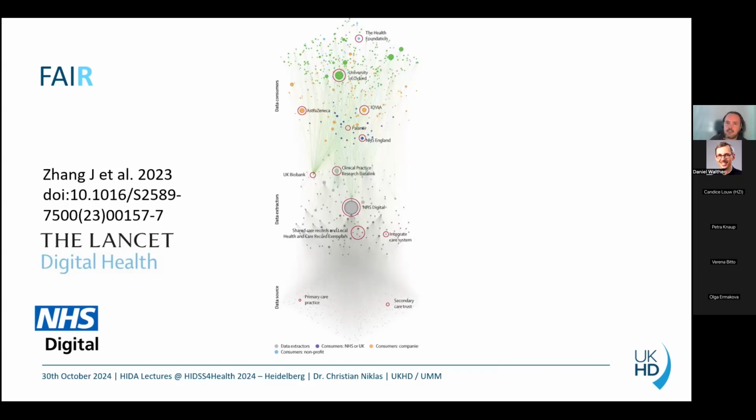And each point cloud is a stakeholder in the NHS ecosystem that has made a pull from their core data set and has worked with that data specifically that they provide for all people that are allowed to work with that data within the UK system.